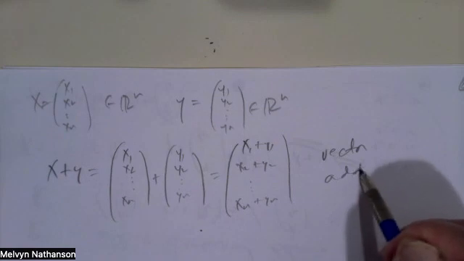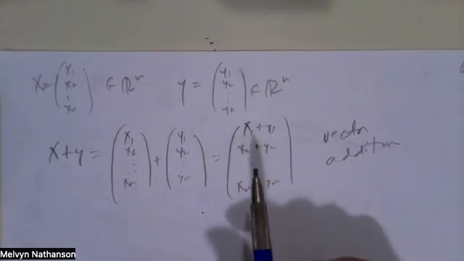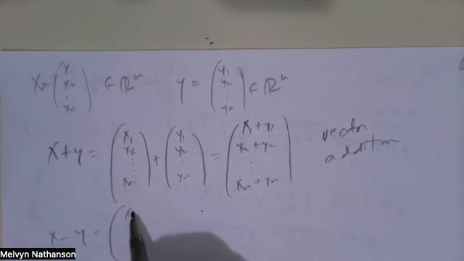This is vector addition. And you can subtract the vectors just by subtracting the coordinates.